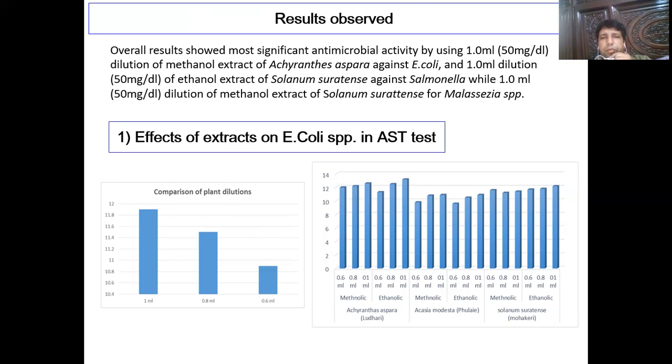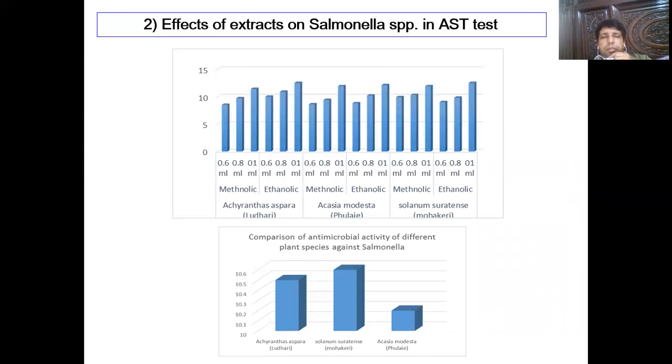If we have a look at the graphs, we will find that Acanthus aspera literally gave maximum results, and this is also a comparison of plant dilutions. These results show Salmonella species, and here we can see that Solanum surattense, 1 ml dilution, ethanolic extract gave maximum result.